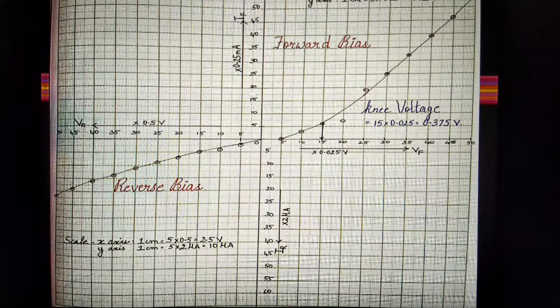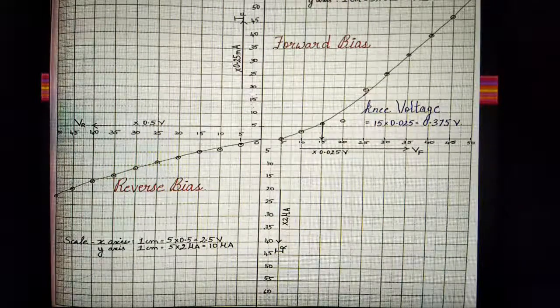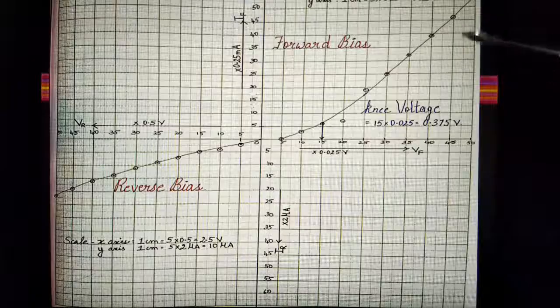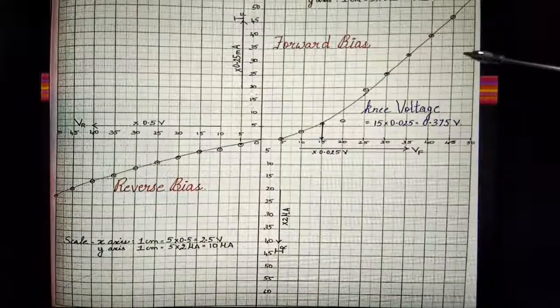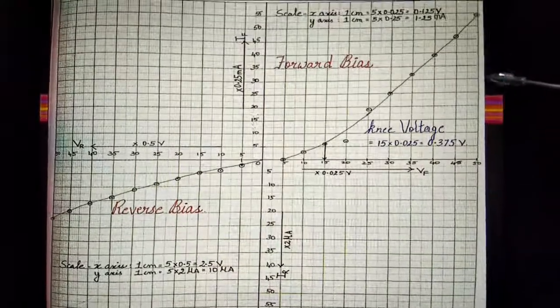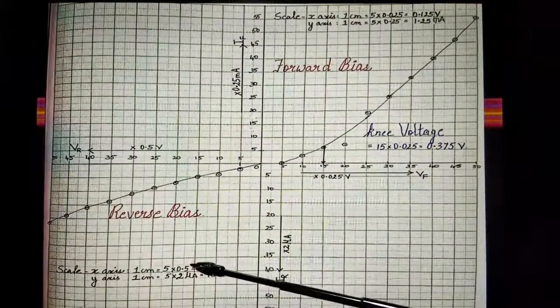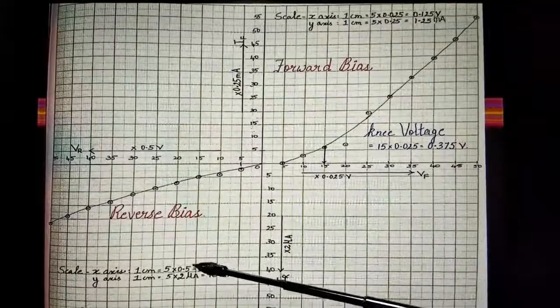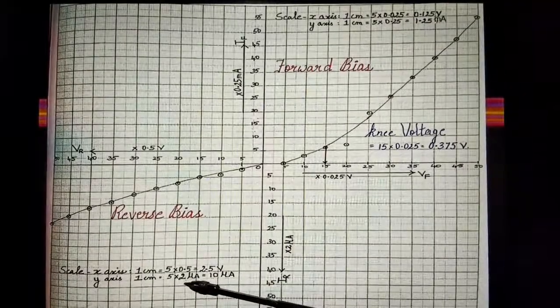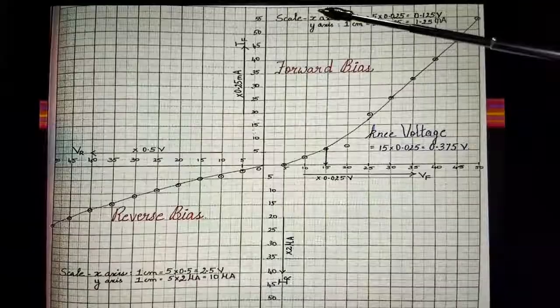With the recorded observations, you need to plot a graph. This region of the graph, region 1, is for forward bias, and the third one is for reverse bias. So for forward bias, note down the scale.